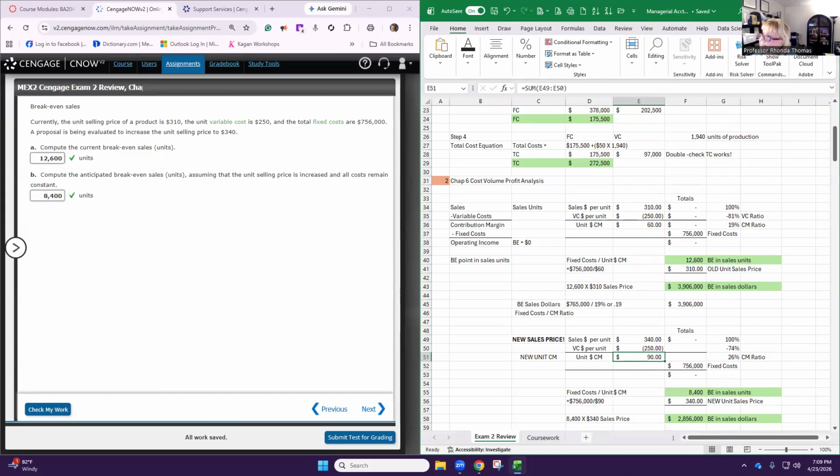So it should take less units. Okay, less units. All right, so here's what we've got. Our fixed cost stayed the same. We're going to divide by our unit dollar contribution margin of $90, and that gives us 8,400 units.